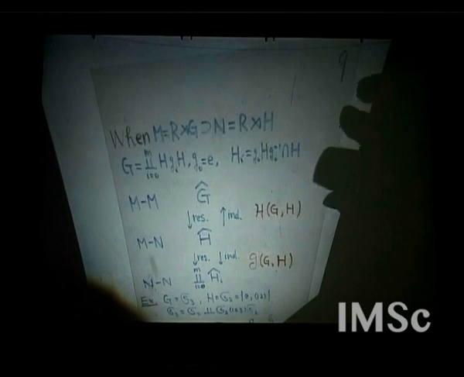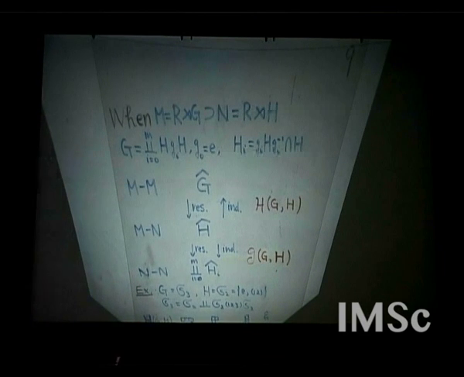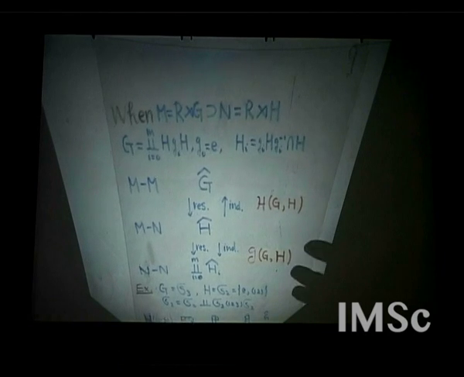So let's get back to the group-subgroup subfactor. When M and N are group-subgroup subfactors, then for this part the structure of the graph is really easy. There is a one-to-one correspondence between irreducible M-M bimodules and irreducible representations of G. And similarly, there is a one-to-one correspondence between irreducible M-N bimodules and irreducible representations of H. And the principal graphs are, this time, an honest restriction-induction graph.